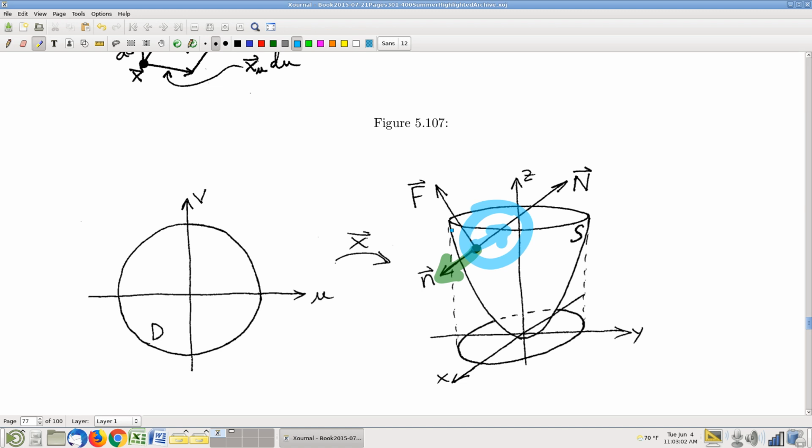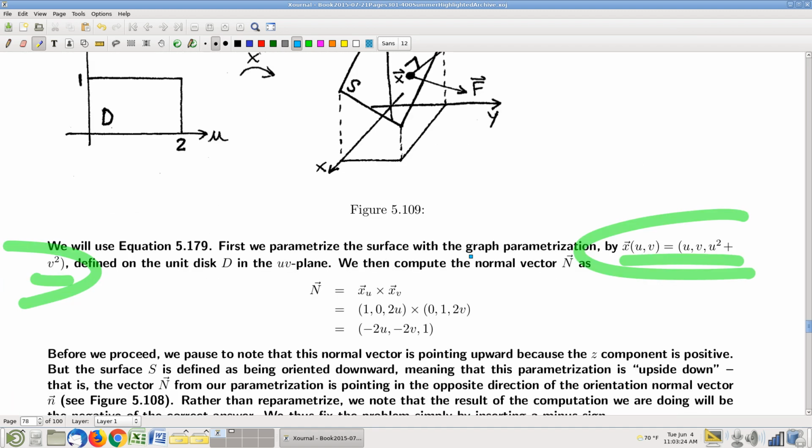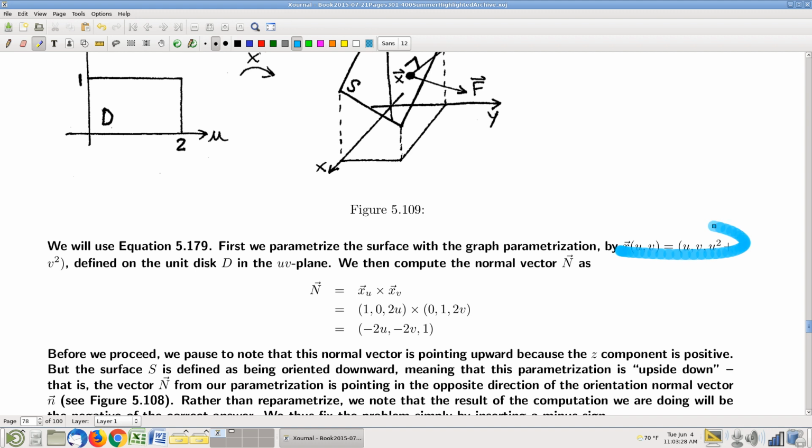So we can resolve this whole problem by finding a way to identify whether we parameterized correctly or not, and then, if necessary, stick a minus sign on our answer and declare victory. So that's what we're going to do. It turns out to be not as hard as you might think. Here we go. There's our parameterization. Our parameterization allows us to compute n.